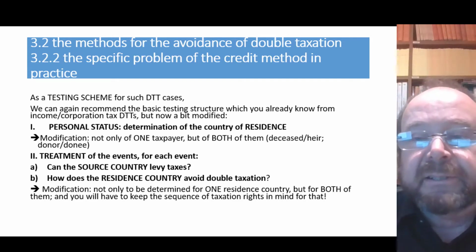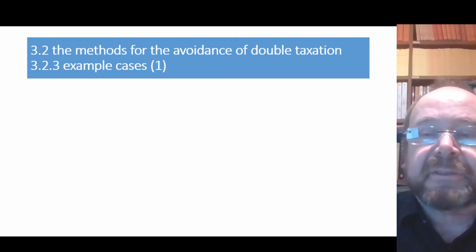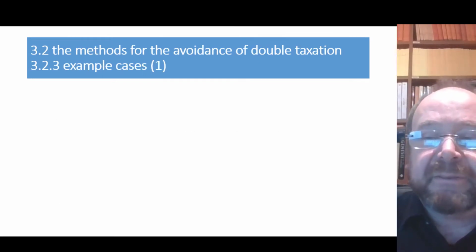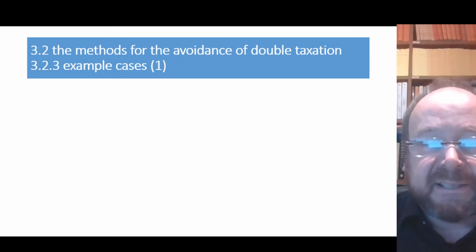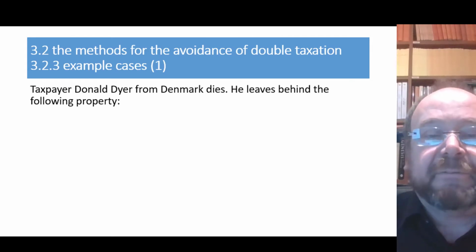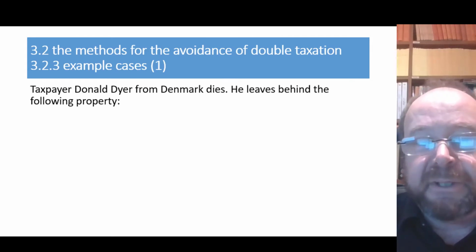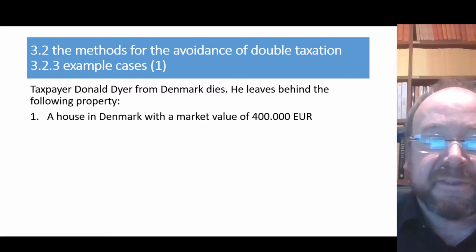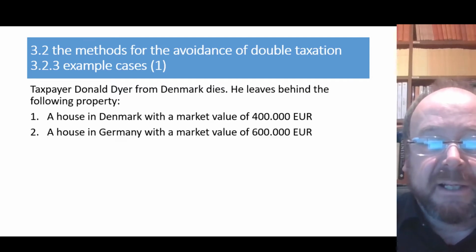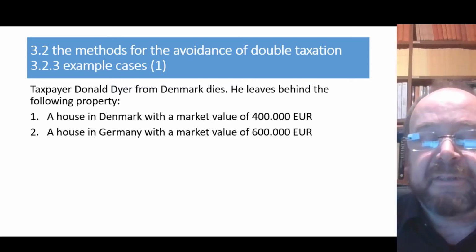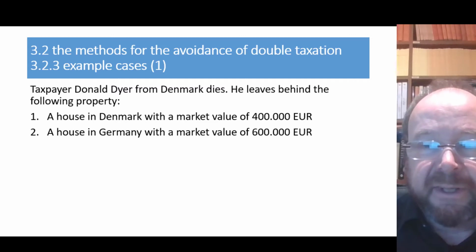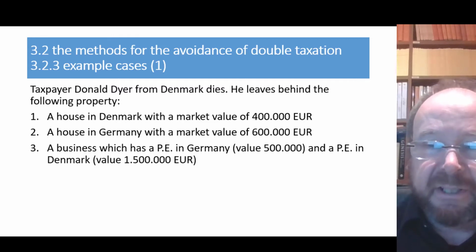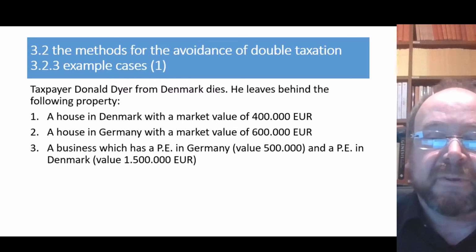Okay. So let's think about example cases to illustrate that. Let's say Donald Dyer from Denmark dies and he leaves behind the following property: a house in Denmark with a market value of 400,000 euro, a house in Germany with a market value of 600,000 euro, a business which has a PE in Germany with a value of 500,000 and a PE in Denmark with a value of 1.5 million.